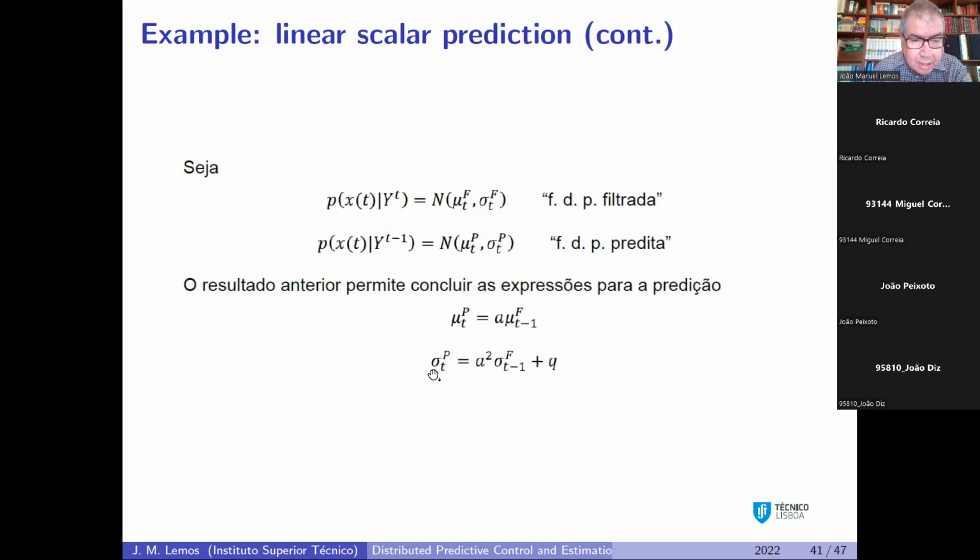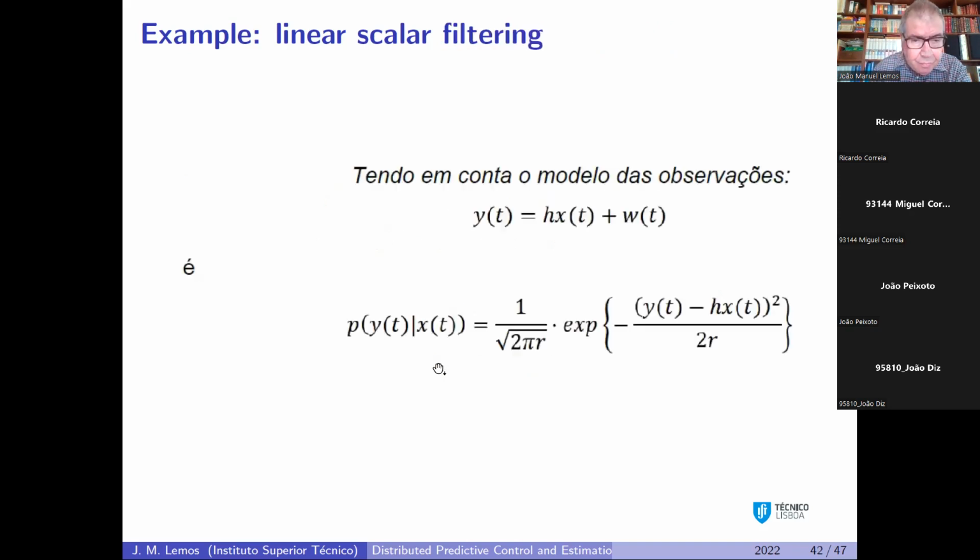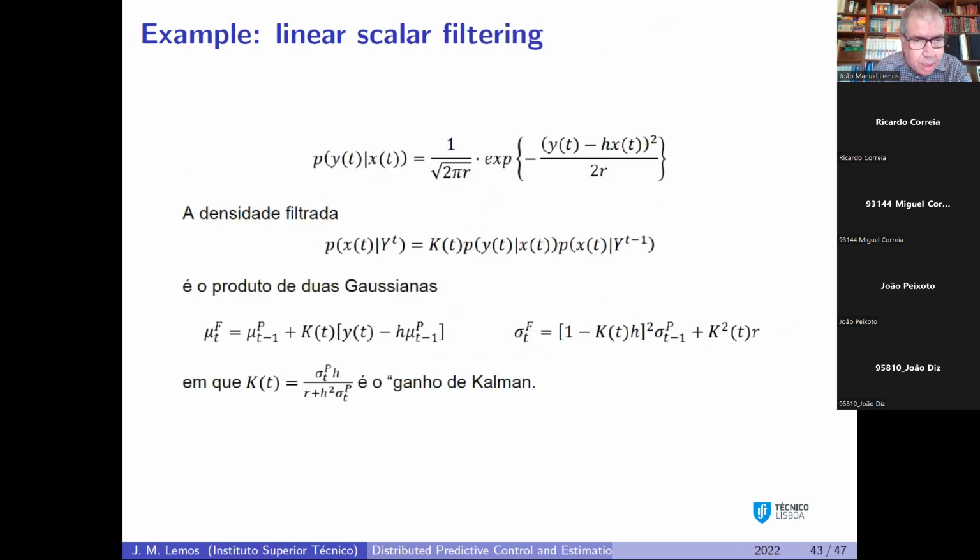These are the predicted mean and the covariance. If you put them together with these two expressions, you are able to propagate. These expressions receive the predicted mean mu p and give you mu filtered.